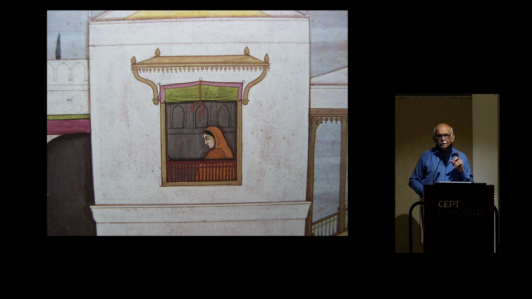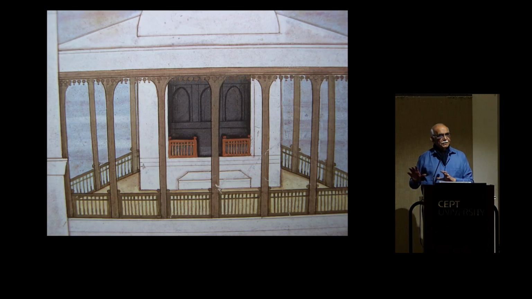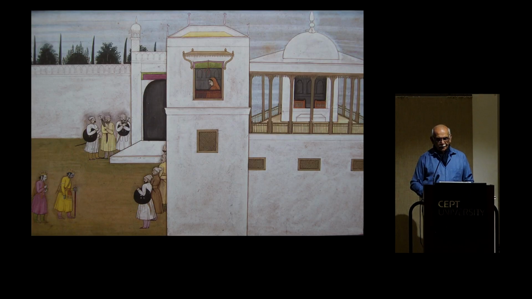And look at the intelligence of the painter. This is the other part of the thing. I'll go back to the original. Nearly half of the entire painting is reserved for this blank area, unpopulated, nobody there.